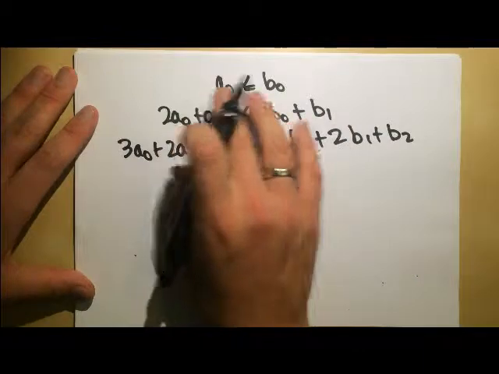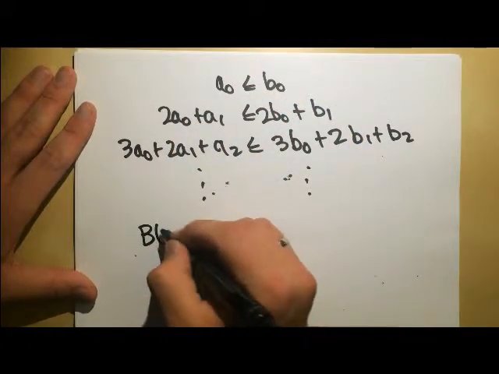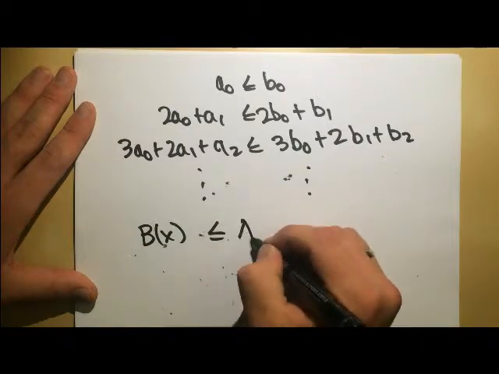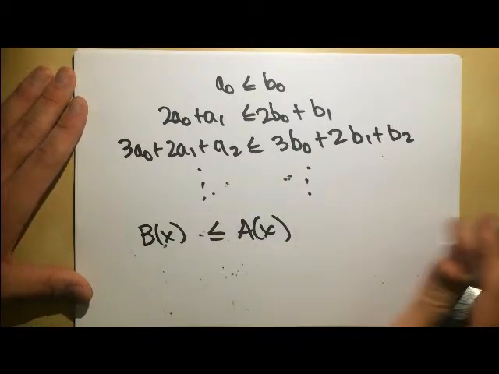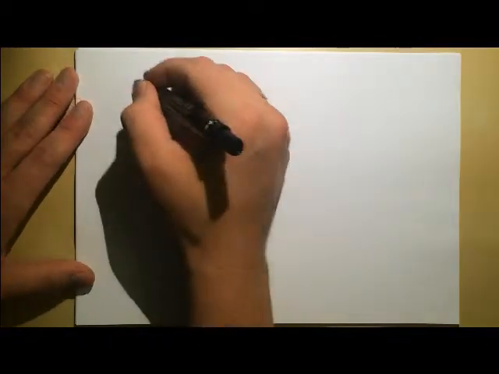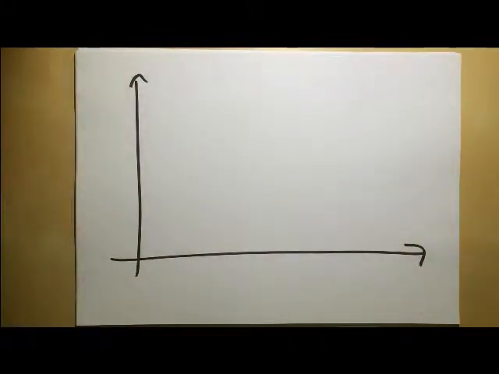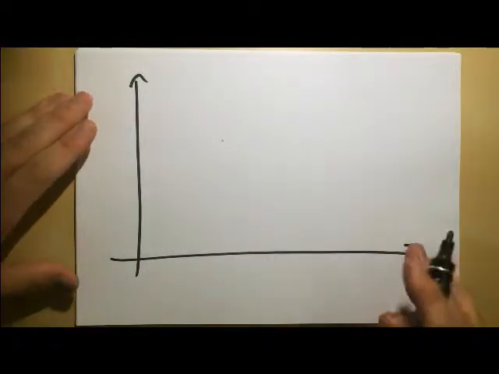And when we have this one less than this one, this is going to tell us that the polygon for B's is going to be below the polygon for A's. So let me just draw a picture here. So we're going to have B's.